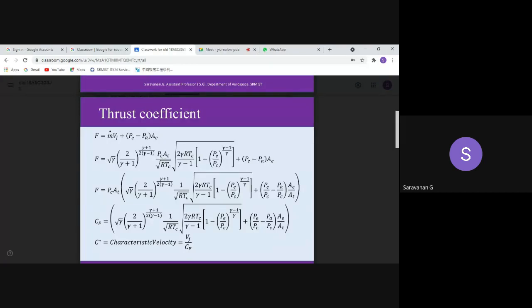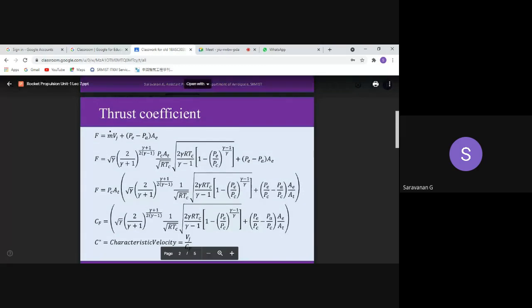Similarly, we have ideal characteristic velocity and actual characteristic velocity. So in this case, corresponding to the CF, the C star will be the ideal characteristic velocity and actual characteristic velocity. So this is the general expression for the thrust coefficient and characteristic velocity.